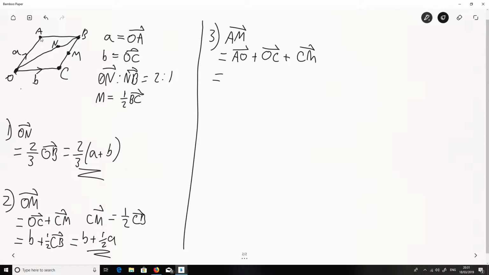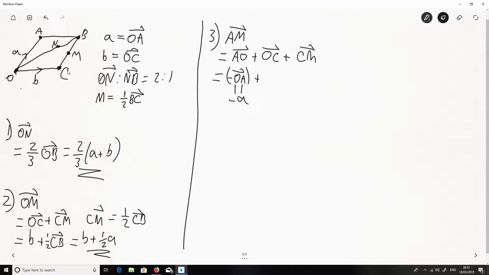So we've got to figure out what each of these distances is. AO is this distance this way. That is equal to minus A, because A is defined in the direction OA. So AO is equal to minus OA, and that is equal to minus A. The next one, we want the distance OC.